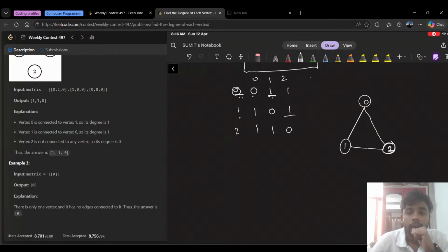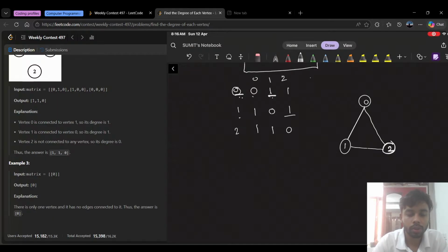Okay, and result. j less than matrix dot size, j plus plus, i less than 0, if matrix of i j, then it will be this. Something happens.